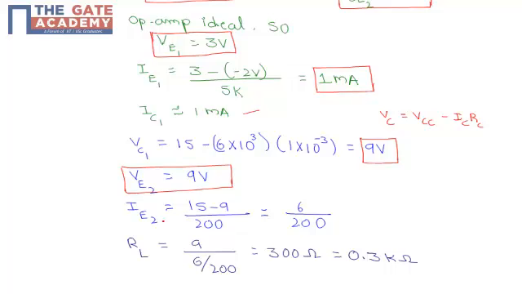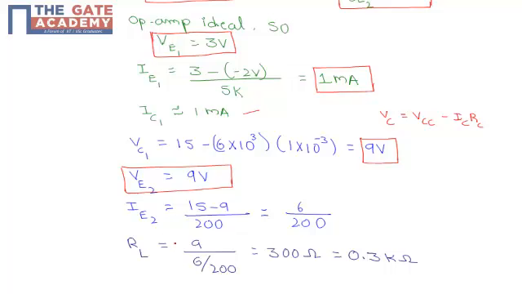Like this, find the emitter current for transistor 2. It will be equal to 15 minus 9 divided by 200, where 200 is the resistance. If you calculate this, we get 6 divided by 200. After finding all these parameters, we need to calculate the resistance value, that is RL, in transistor Q2.